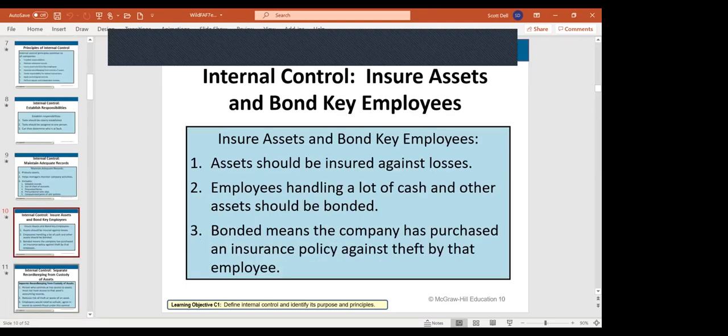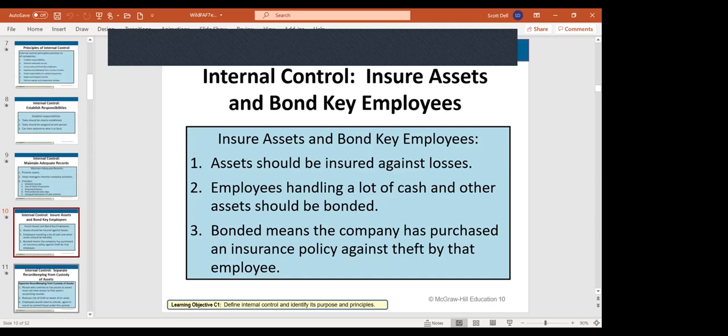And the last thing I want to talk about before we part for the day is bonding of employees. We mentioned the teller stealing money from the bank. Now, if they're bonded, they're insured. You may or may not have to pursue that, but it's an insurance policy to protect you from cash that could get lost or stolen or taken.